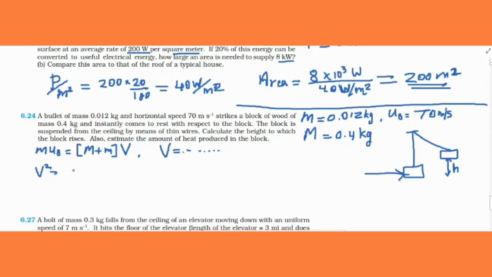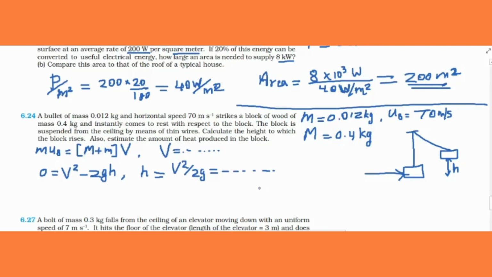So here you can see when the block rises, its final velocity will be 0 and its initial velocity will be this capital V which we have calculated, minus 2GH. From this equation, you can find the value of H. H is equal to V square divided by 2G. So you can find the value of H.